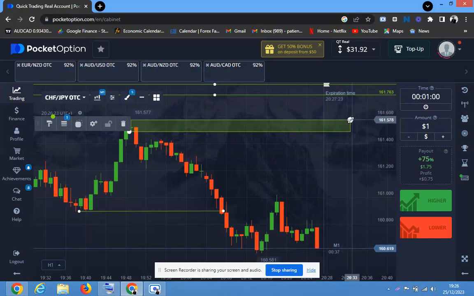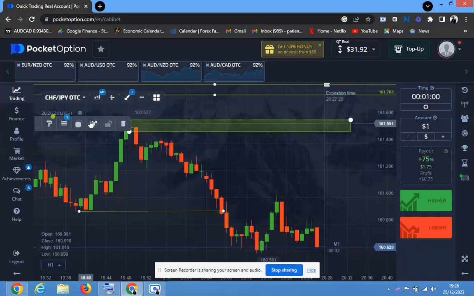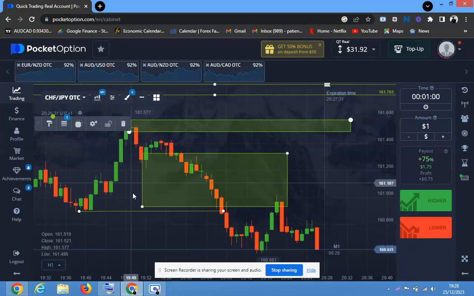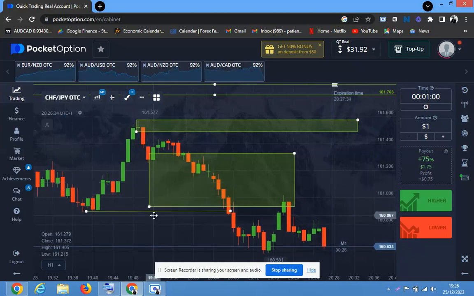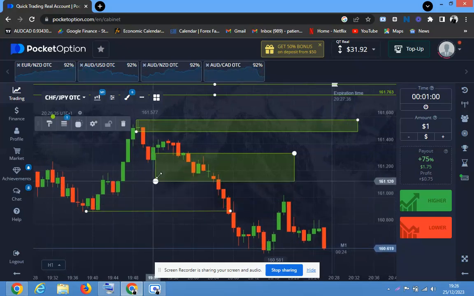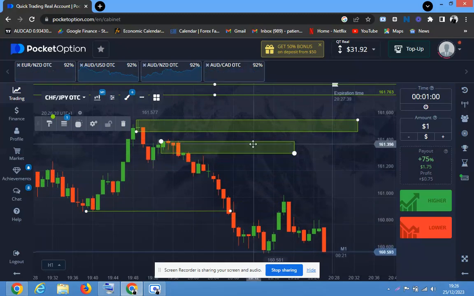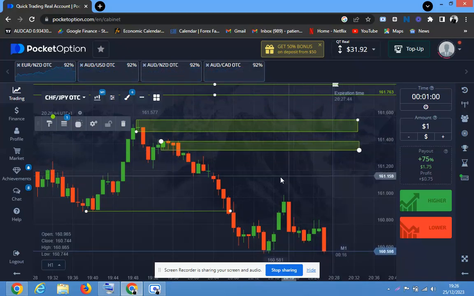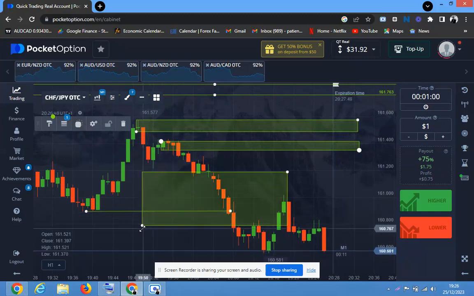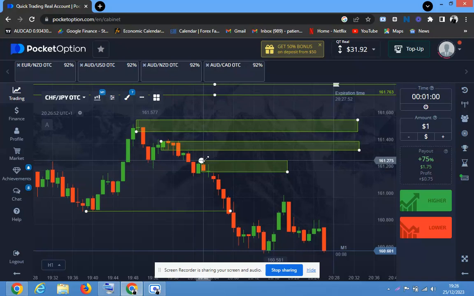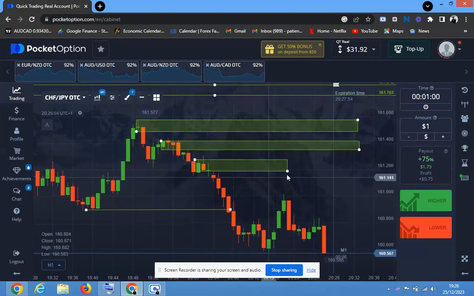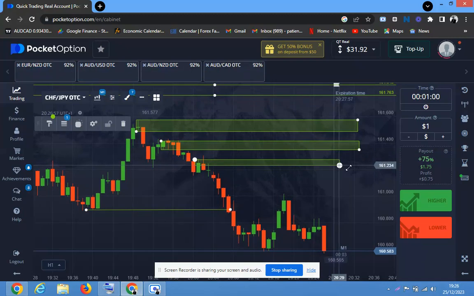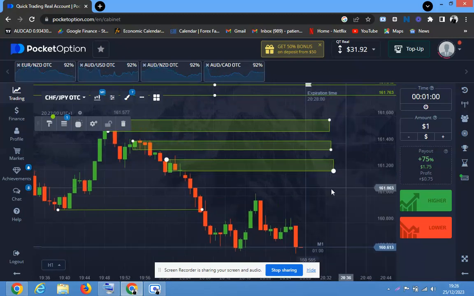I can decide that price might come to this level, then I execute the trade, or this level, or this level.